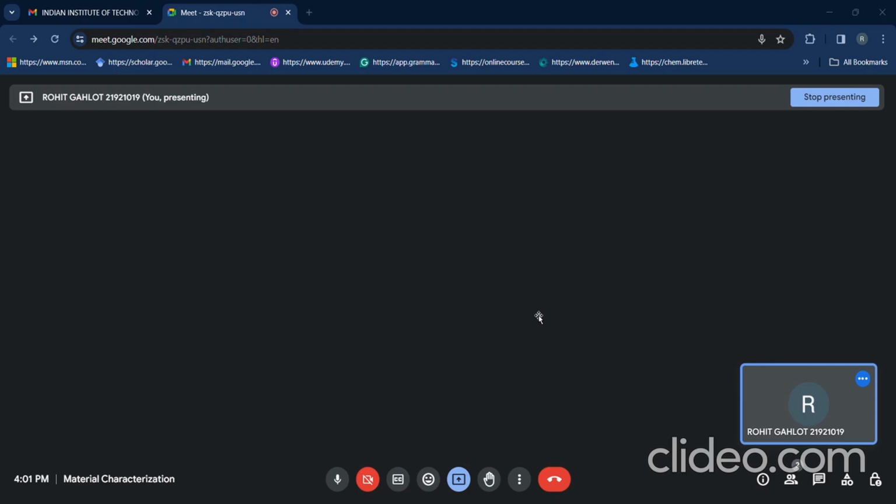This suggests that the sequence of h² + k² + l² values will be in the ratio of 3, 4, 8. So we can now assume that this represents the capital A value in the equation, where h² + k² + l² is equal to 1.